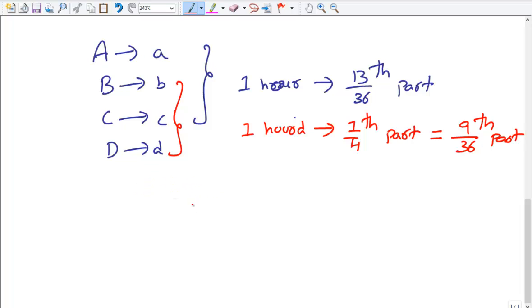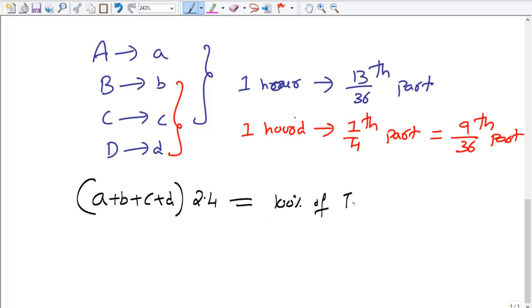And also one more thing is given, that is together they fill the whole tank in exactly 2.4 hours. So the capacity of small a plus small b plus small c plus small d into 2.4 hours is equal to 100% of the capacity of the tank, and that we can easily say is 36 units.